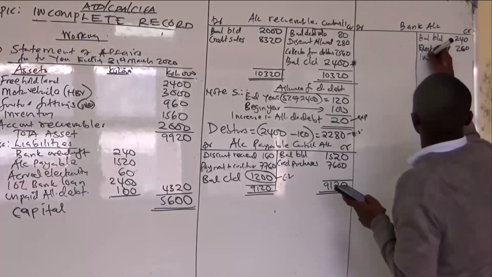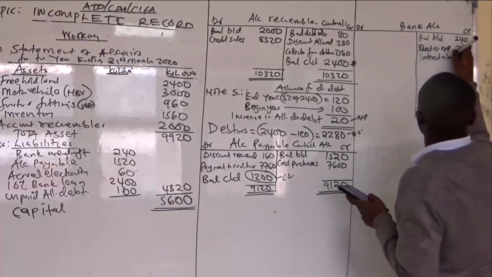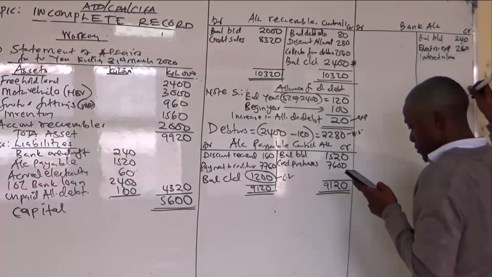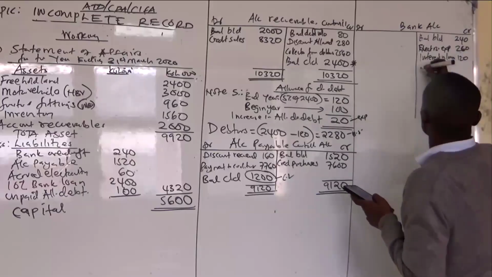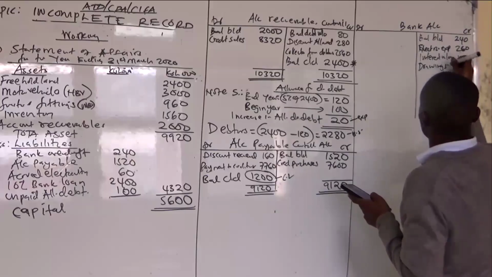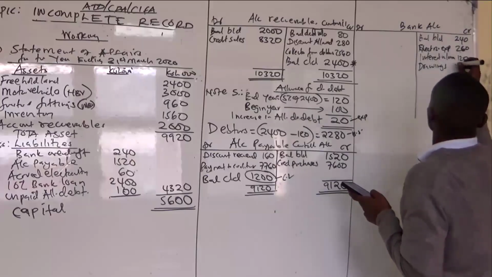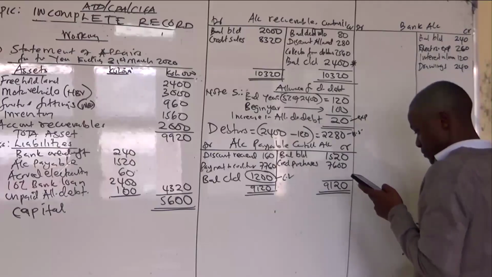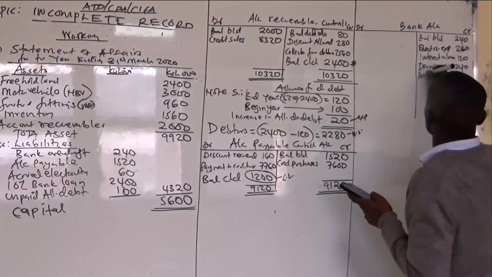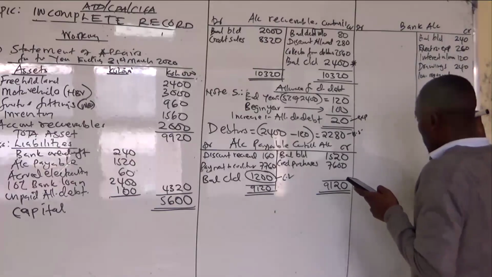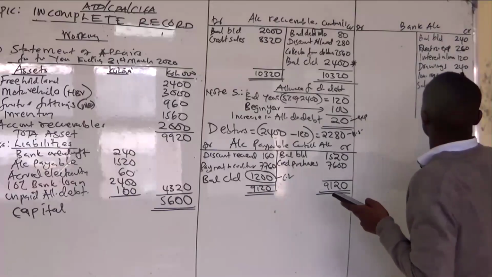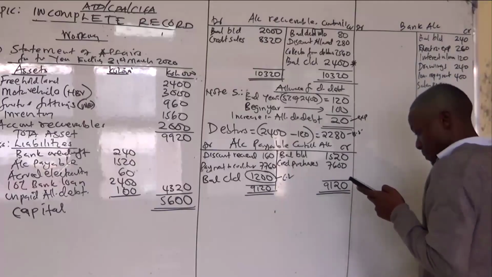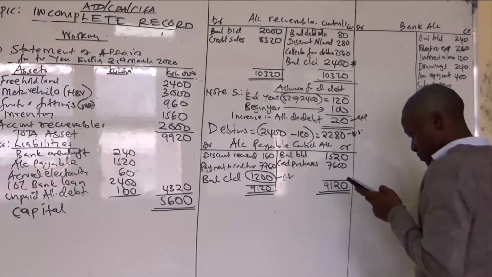Interest on loan ni ngapi? 120. Kuna drawings ya to support. Kuna loan repayment ya pesa ngapi? 400. Kuna salary and wages ya pesa ngapi? 640.